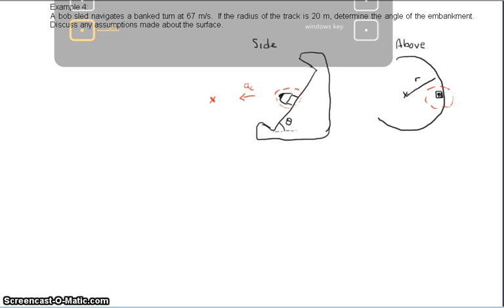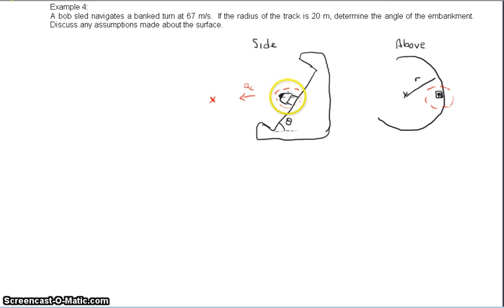Alright, now let's consider what's interacting with this. If we look at this, we would have the Earth pulling down and the embankment pushing up perpendicular to the surface, our normal force. We'll just call it the track instead of the embankment, because then you have two E's and it just becomes confusing.